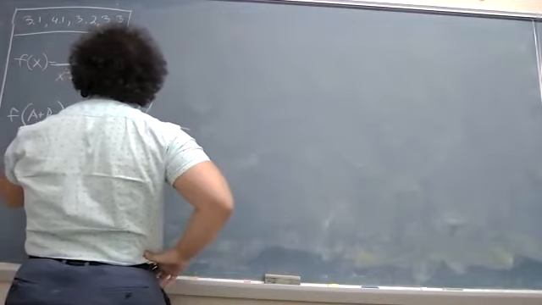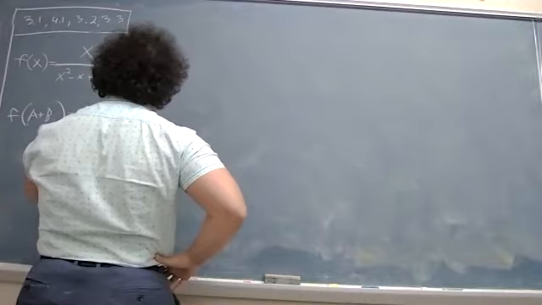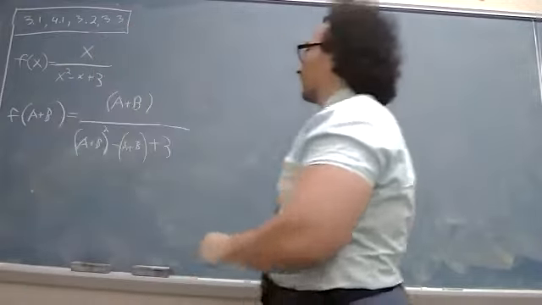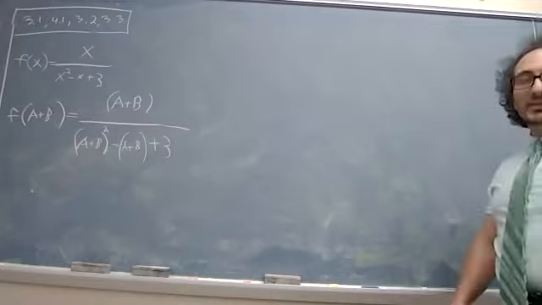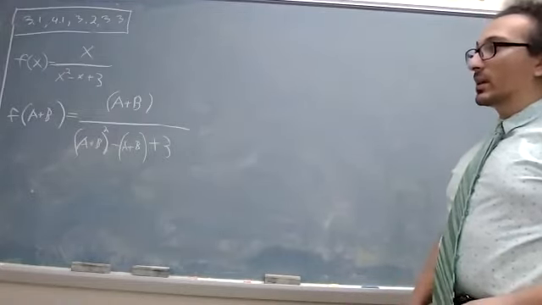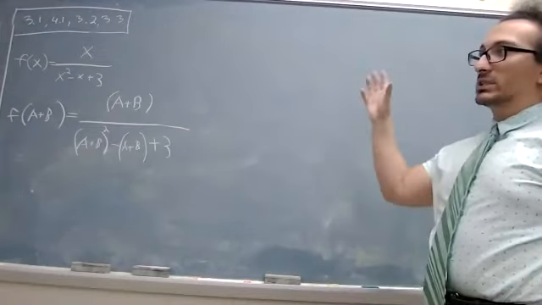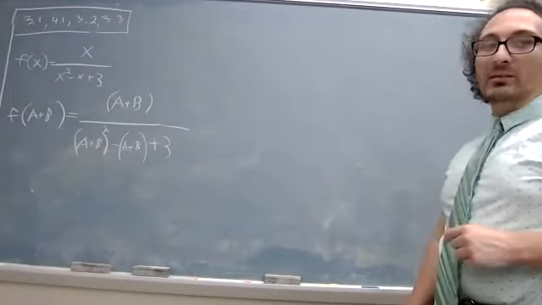So I put that there for all of them. So what does this reduce to? You can't just stop here, because I don't want you to just evaluate f of a plus b. I want you to evaluate and simplify.